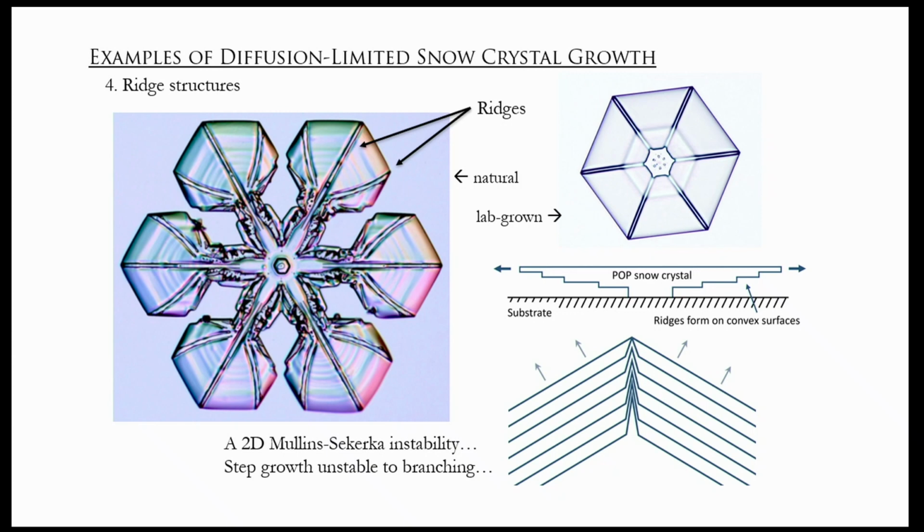And you get this confluence of all these little tips in the one-molecule-high steps, and that produces a ridge like this. And these will grow out stably if you just grow it for a long time. So you can explain all that. You've got to model it to really get it right, and we don't quite know how to do that. We've seen a little of that.